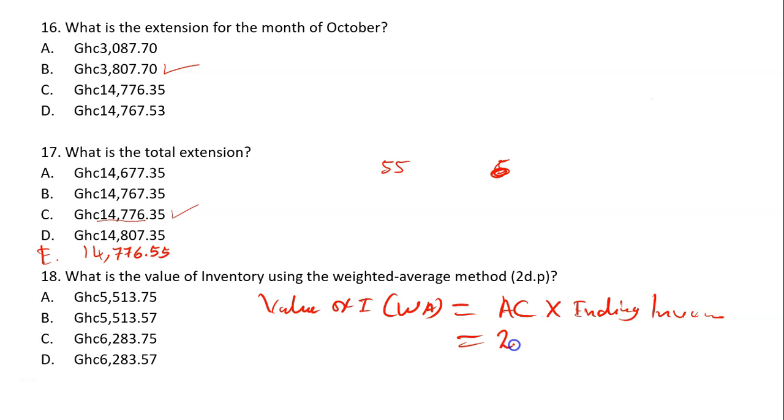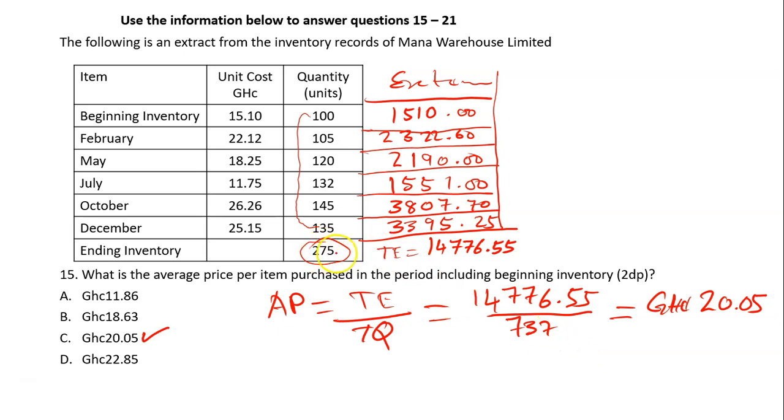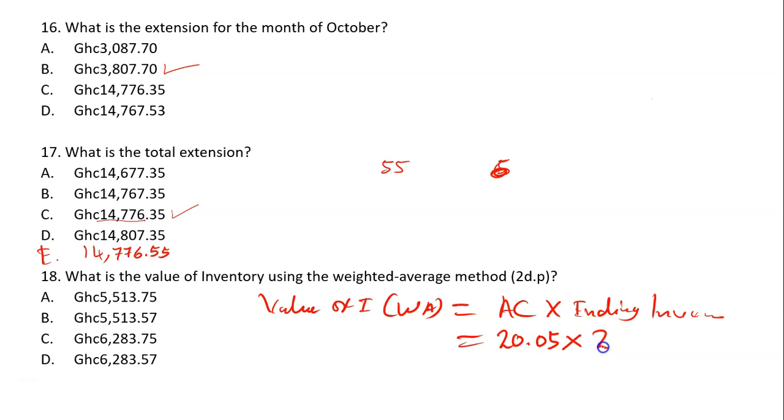So that's what we substituted, 20.05 times. Now, what is the ending inventory? The ending inventory is 275. So we substitute 275 here. So 20.05 times 275 will give us 5,513.75. So the correct answer for question 18 is A.